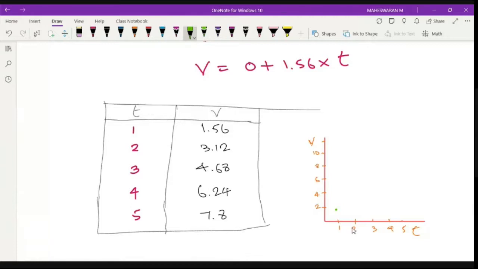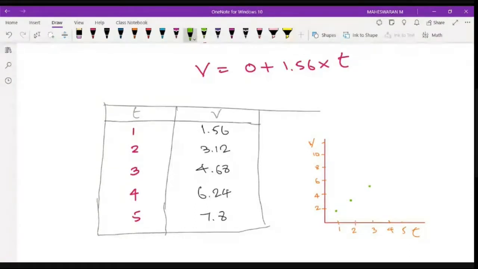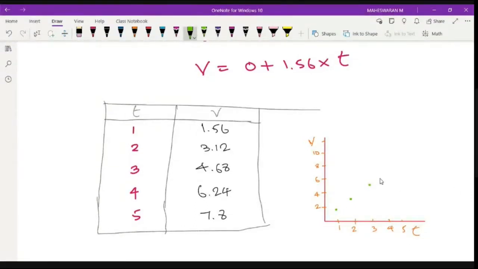At 2, it is 3.12, somewhere here. At 3, it is 4.68, somewhere here. At 4, it is 6.24. Of course, you will get a linear velocity.